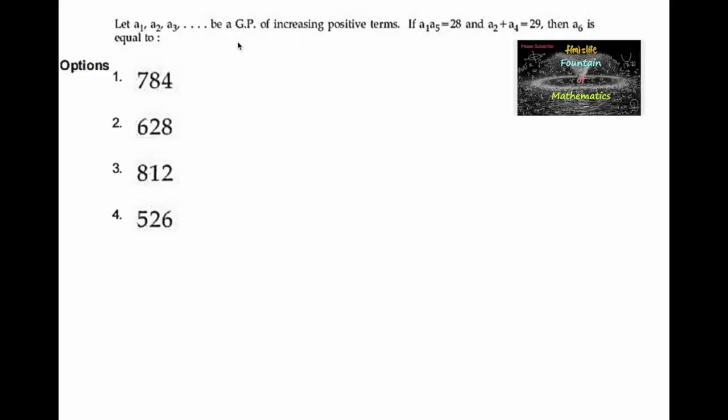A1, A2, A3 be a geometric progression of increasing positive terms, and A1 A5 is equal to 28 and A2 plus A4 is 29. Then we need to find A6. Let us consider A1 is equal to a, the first term is a, and r is the common ratio.